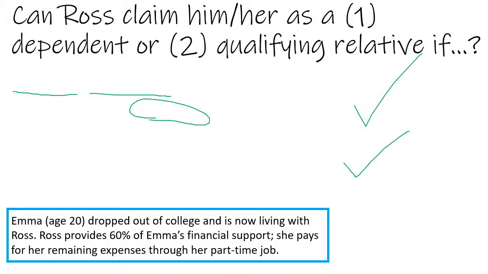Finally, Emma, age 20, dropped out of college and is now living with Ross. Ross provides 60% of Emma's financial support, and she pays for her remaining expenses through her part-time job. Can Ross claim her as a dependent or as a qualifying relative?